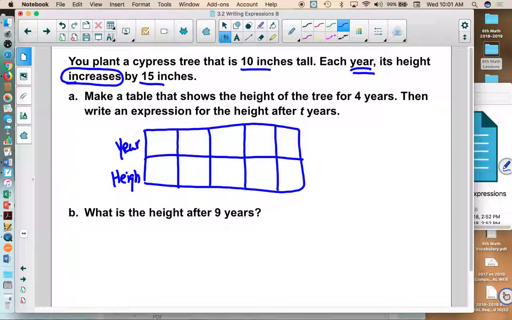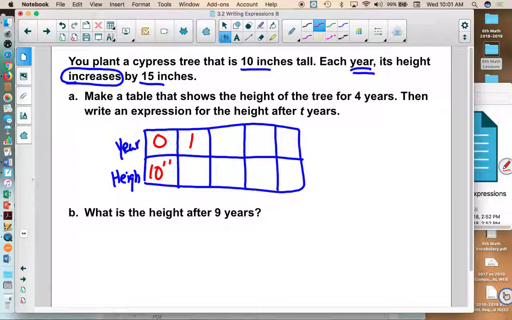So what is it when it starts out? What did it tell us? 10 inches. 10 inches to begin with. So at 0 years, it's 10 inches. Do you agree? That's where we started. So how tall is it after it's grown for 1 year? How tall is it going to be at the end of 1 year?